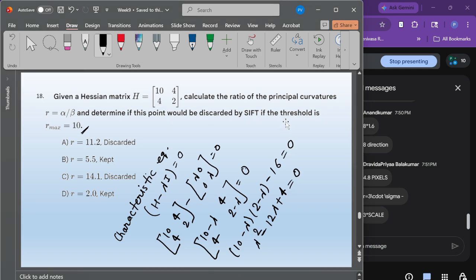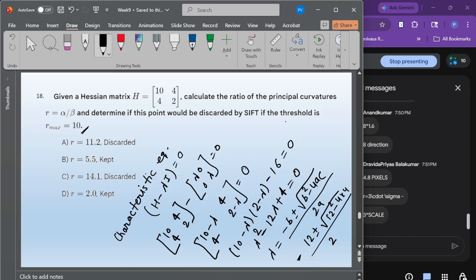So just calculate this using lambda is equal to minus b plus minus square root of b square minus 4ac, divided by 2a. Here b value is minus 12. So 12 plus minus square root of 12 square minus 4 into 4, divided by 2. Now further you solve all these values, and you will get lambda values as 6 plus minus 4 root 2.